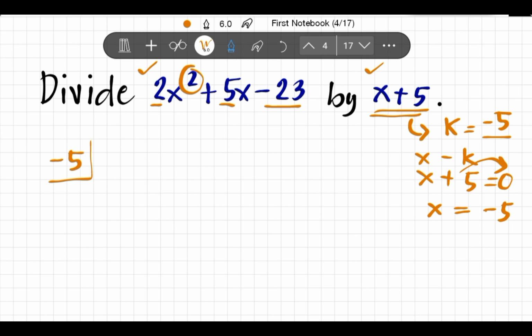So it starts with a degree of 2, followed by a degree of 1, and followed by a degree of 0. As you can see, the exponents are in decreasing order. Therefore, this dividend is already in standard form. So you can now write the coefficients of the dividend.